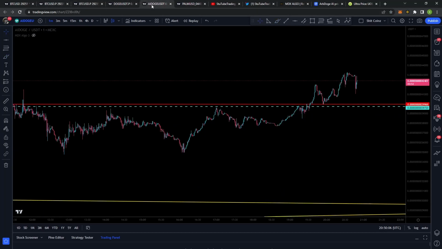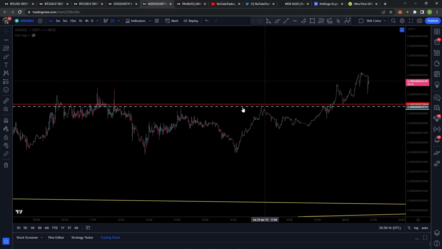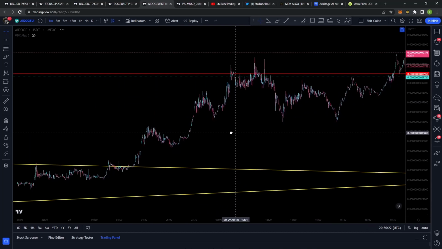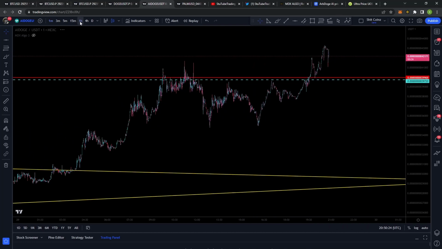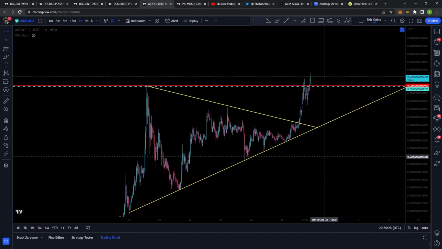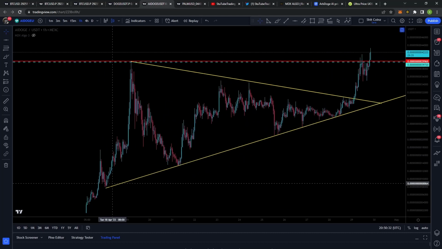What else do we got? AI Doge. Oh, I'm still in a bit of a long on AI Doge from down here just before the stream, basically. I felt silly about that one, longing right into resistance, but I'm just seeing potential for a very large breakout on this one. Let's actually back up a little bit. I don't think we need to be on the 1 minute on AI Doge. I got into this, what was it, 800?